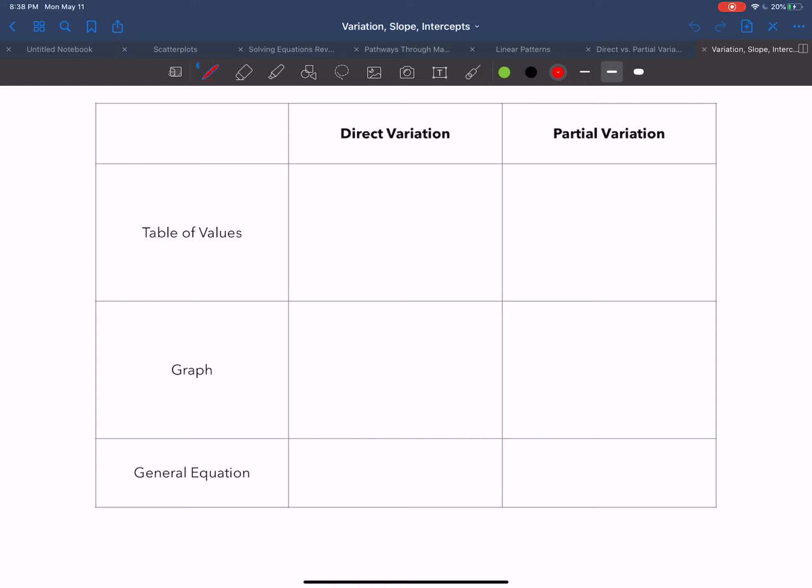For a table of values, if we look at x and y, with direct variation you'd have 0, 0. Let's say 1 is -5 and 2 is -10, it doesn't matter. As long as you have 0, 0 in your table of values, that makes it direct variation.